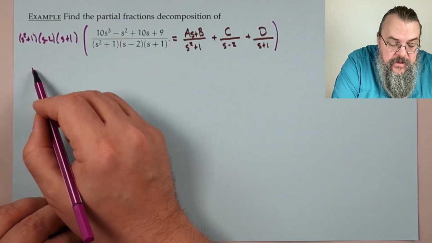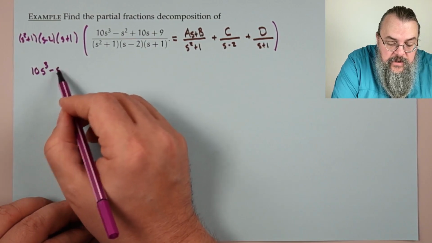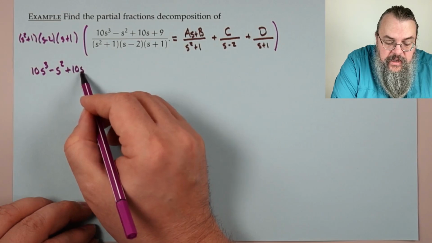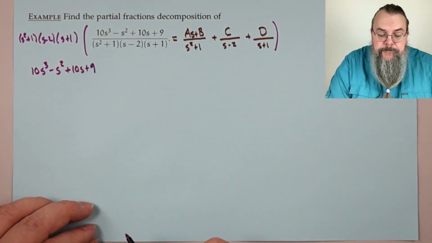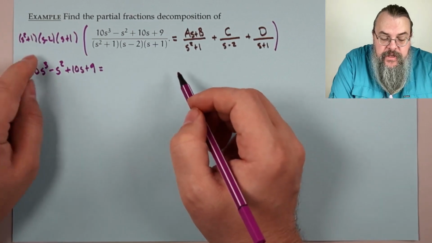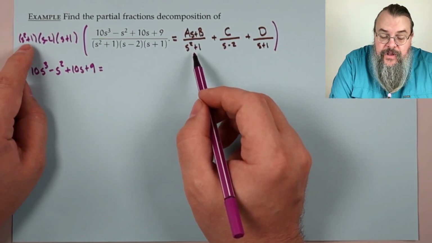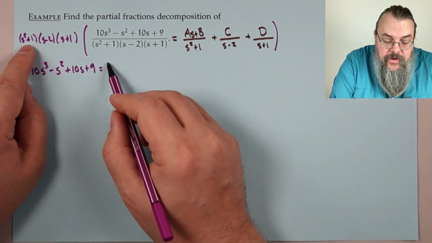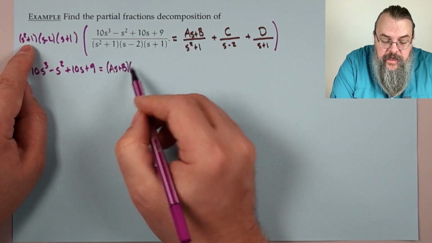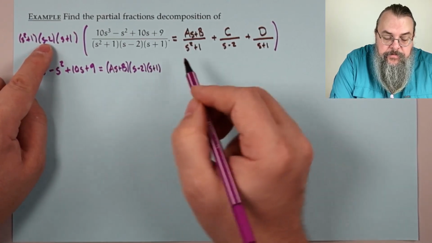Well, on the left-hand side, it's just the numerator, 10s cubed minus s squared plus 10s plus 9. On the right-hand side, you'll get a little bit of cancellation. In the first term, the s squared plus 1's cancel, so we're going to get (as plus b) times (s minus 2)(s plus 1).